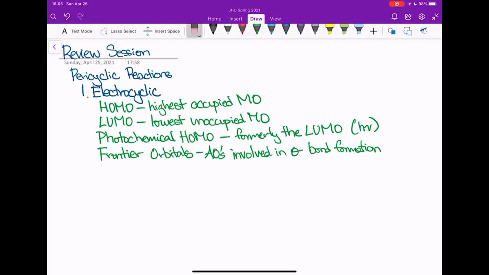We'll start off with a little example of how to draw your pi MOs. Your MO diagrams will be based off of a pi system. If we take, for example, this 4-atom pi system, that means we're going to have 4 levels of pi orbitals. We can go ahead and draw those out.